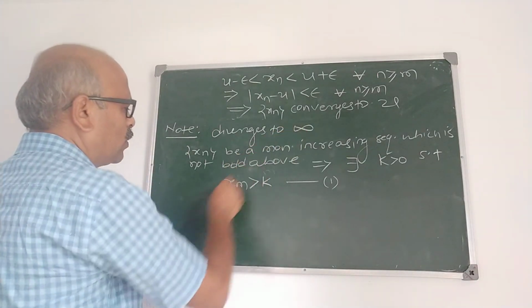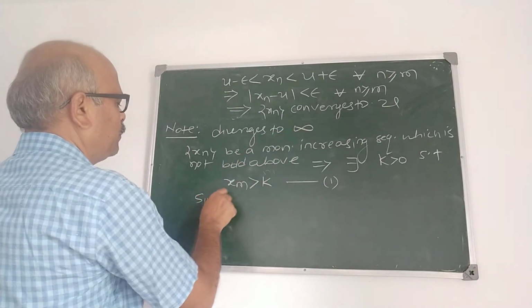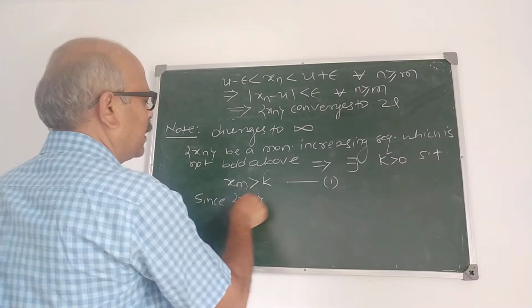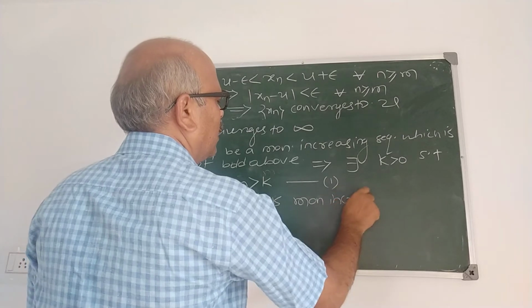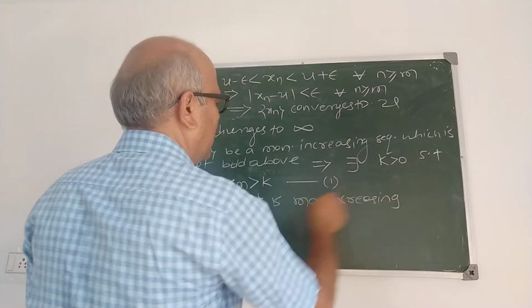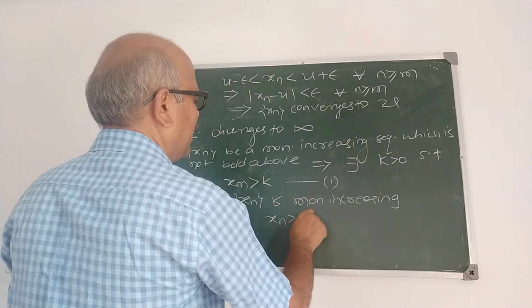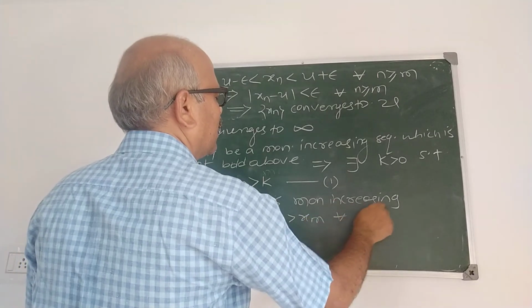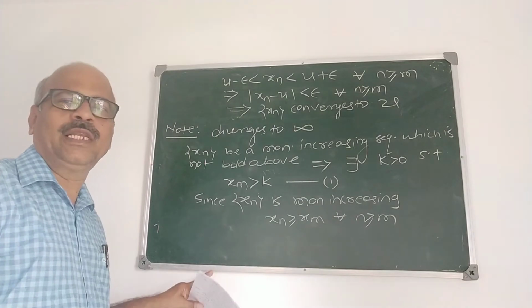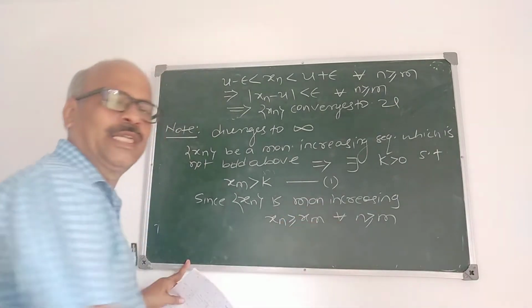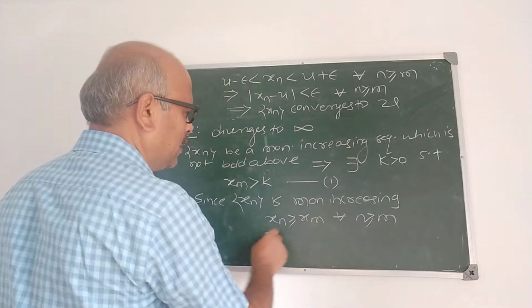Now use monotonically increasing. Since xn is monotonically increasing, xn is greater than or equal to xm for all n greater than or equal to m. It is monotonically increasing, need not be strictly monotonically increasing.